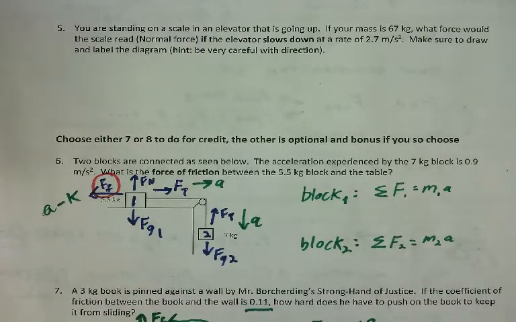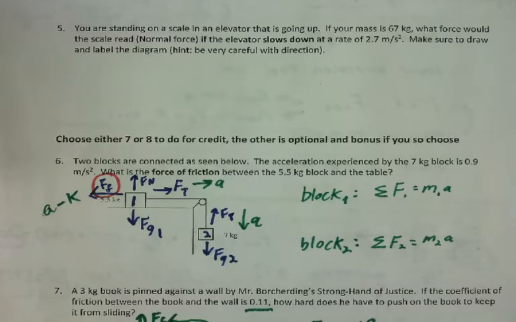The most important thing to keep in mind for this problem is to make two connections. The first connection is that the tension force on both blocks is exactly the same. And the reason why that force is the same is because it is Newton's third law.